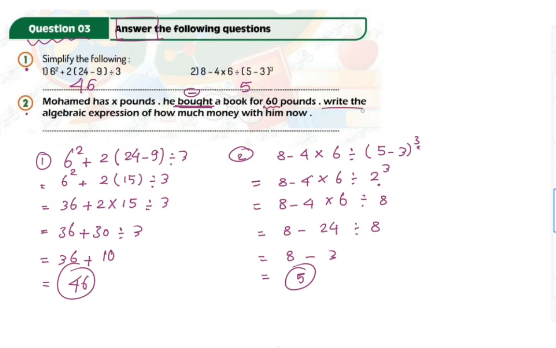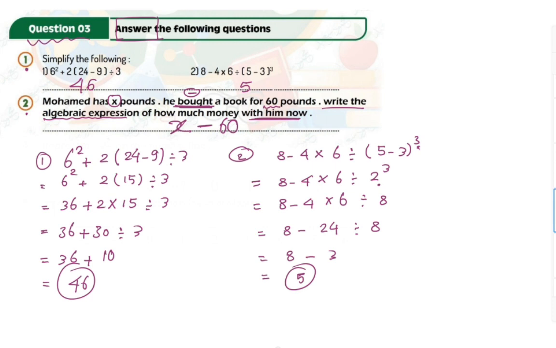Now write the algebraic expression, because you have some variable, we call it algebraic, not numerical, of how much money he has now after buying the book. First he had X. After that he bought, he paid. What did he pay? 60 pounds.